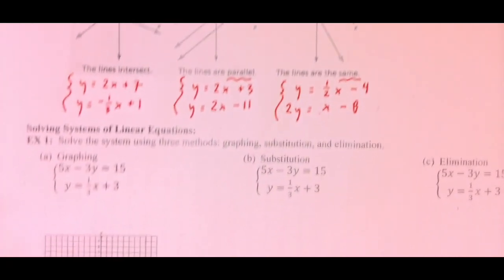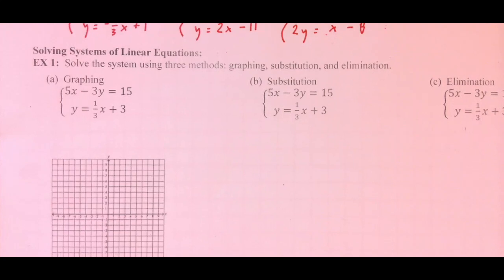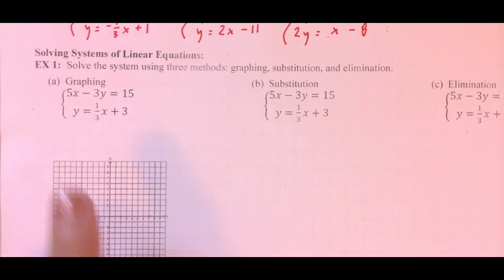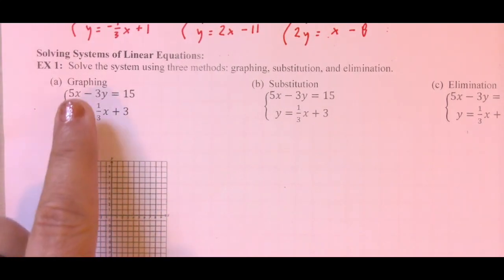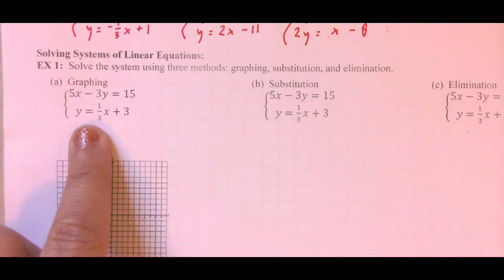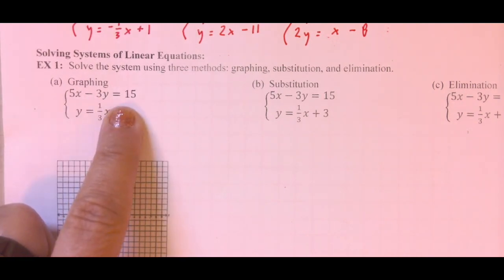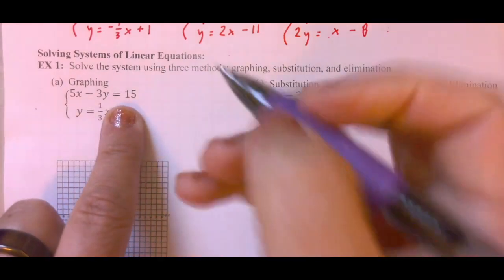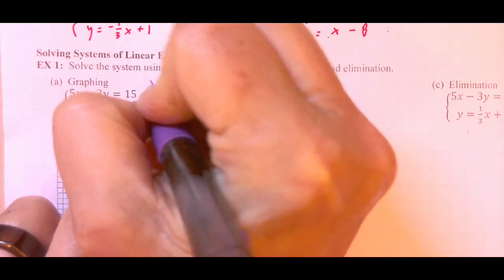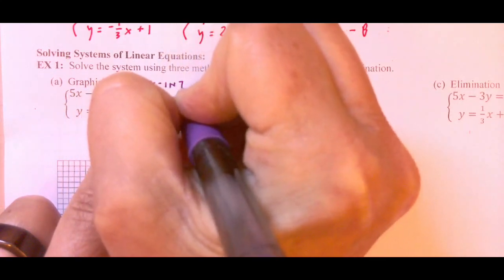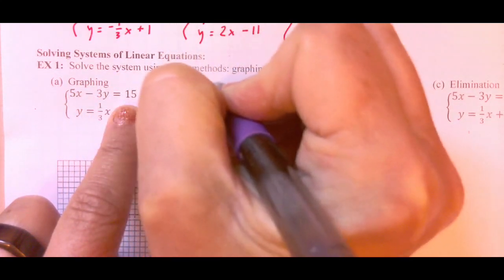All right, next is a review of the methods of how we solve systems. First I'm looking at graphing. I'm giving you two equations in different formats. The first one is in standard form, so I would probably graph the intercepts. If I'm looking for the x-intercept first, that's when y is 0.